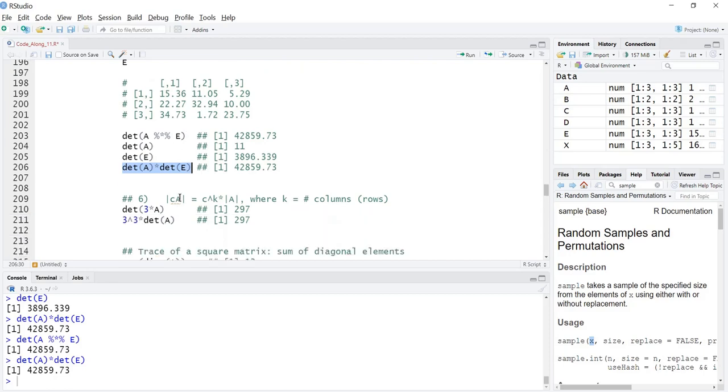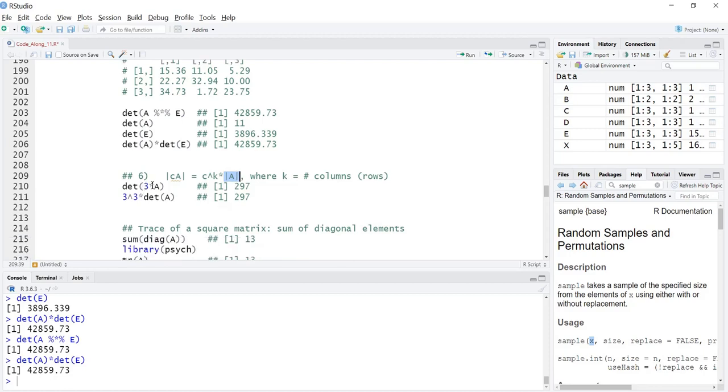Now, if I take a constant times a matrix and I take the determinant, that's the same thing as this constant raised to the kth power, where k is the number of columns or the number of rows. Remember, it's a square matrix, so that's the same value. So it's c raised to the k power times the determinant of A. So let's see this. Here's A. Remember A, kind of a simple matrix.